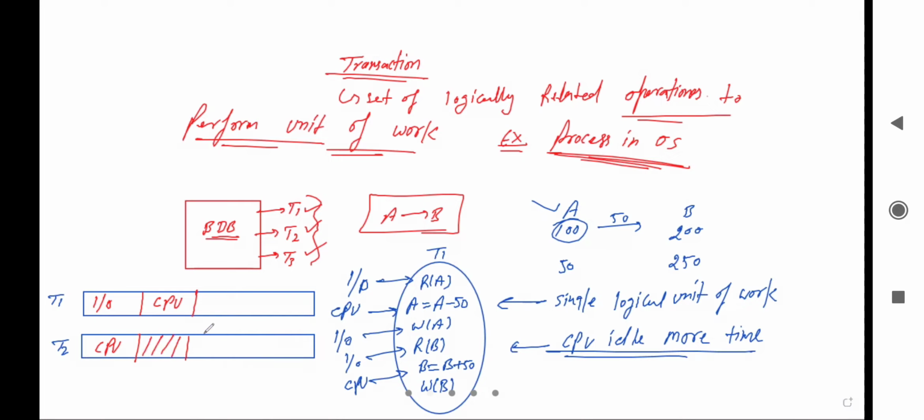And whenever it is performing CPU operation, the other may be performing the IO operation.